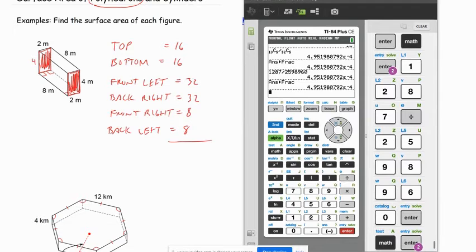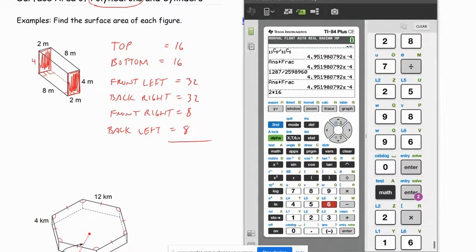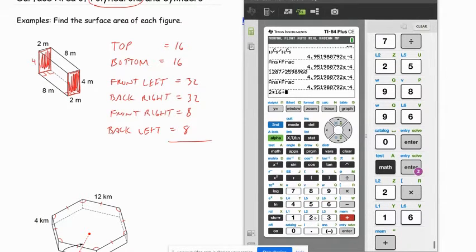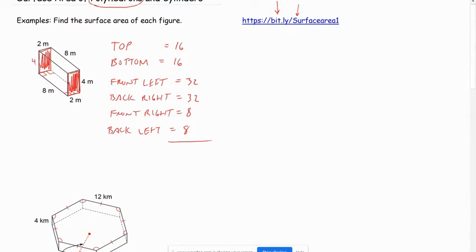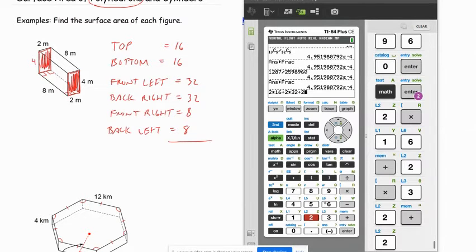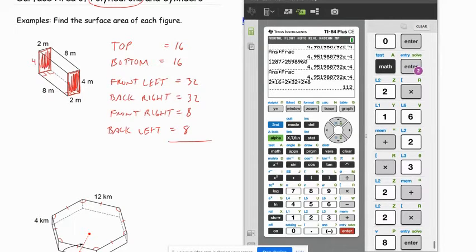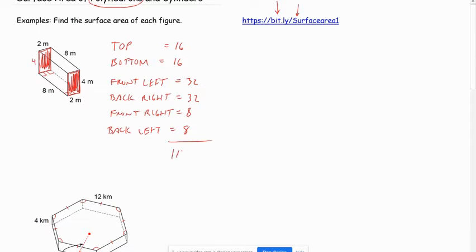We have 2 16s, 2 32s, and 2 8s. Those are all added together, and that gives us 112. 112, and that's an area, so that's going to be in meters squared.